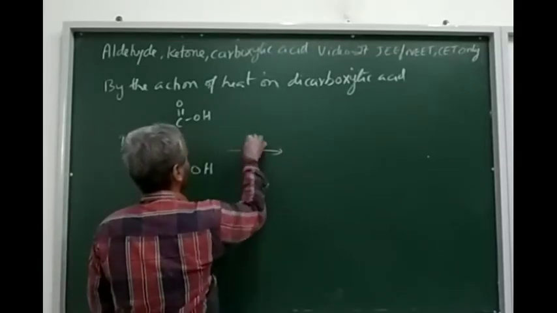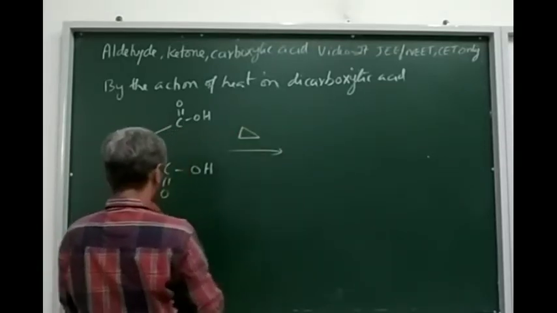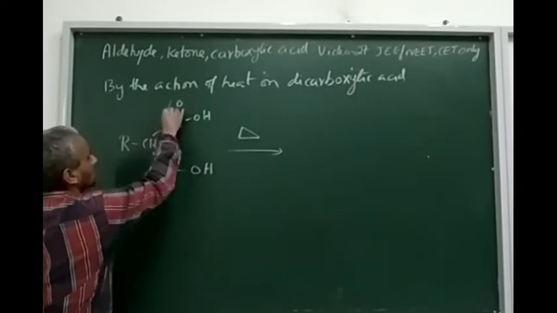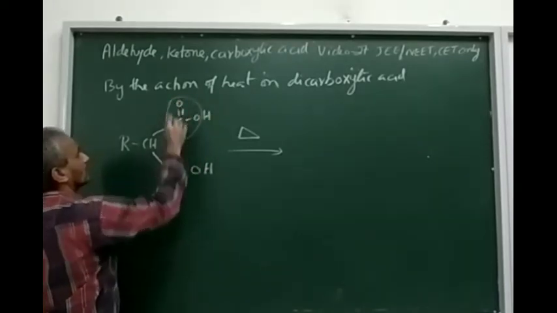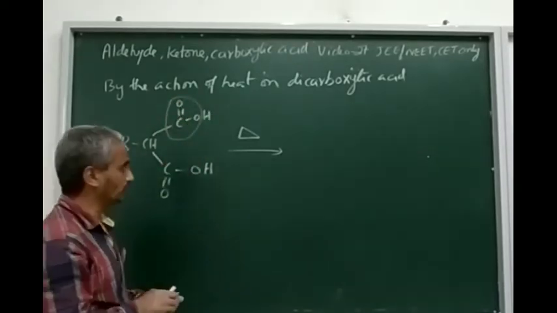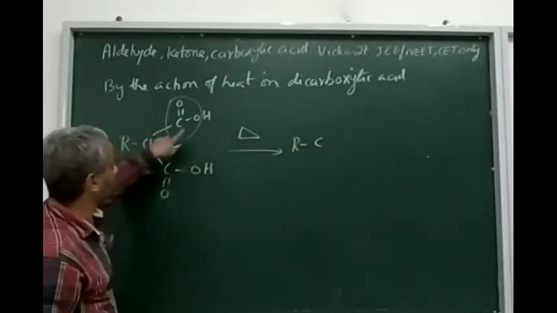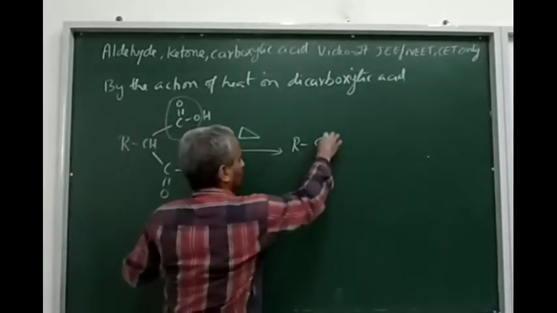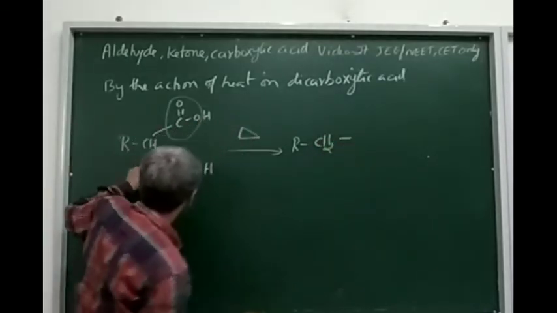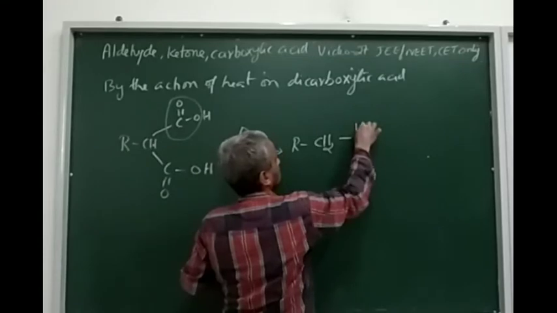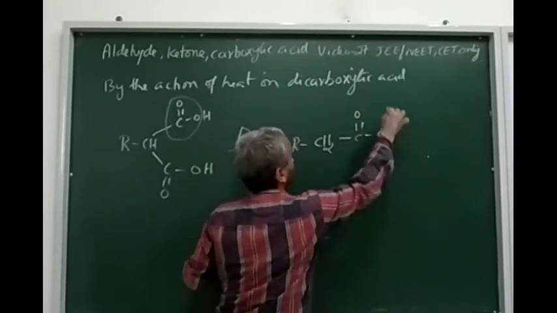You heat this one. What happens now? A CO2 group is removed. So I am going to get R, CH2, then COOH. Carboxylic acid will be obtained.